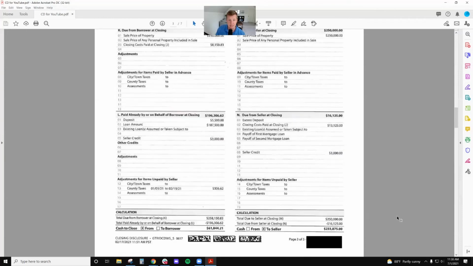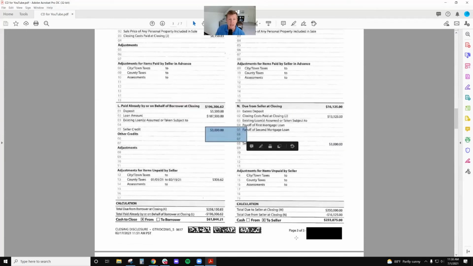The second mistake that we see is not accounting for closing costs correctly, not deducting from my depreciable basis any closing costs or any credits that I'm receiving. So let's say that my land value in this example is 10% of the purchase price.